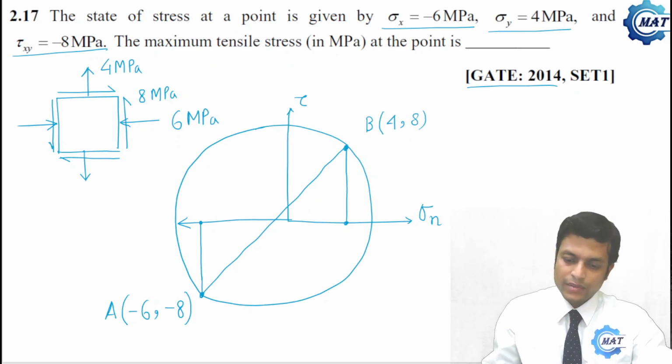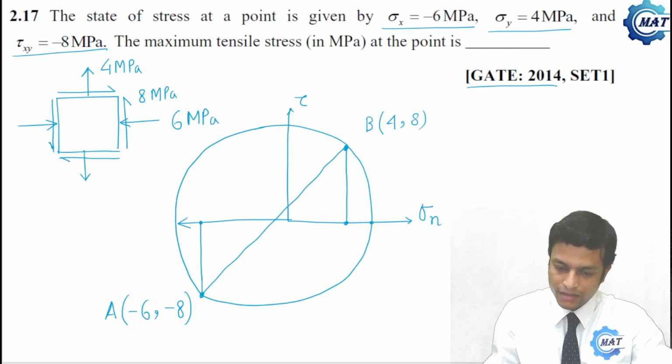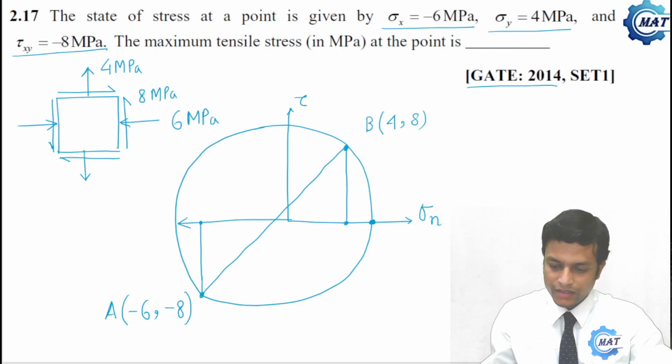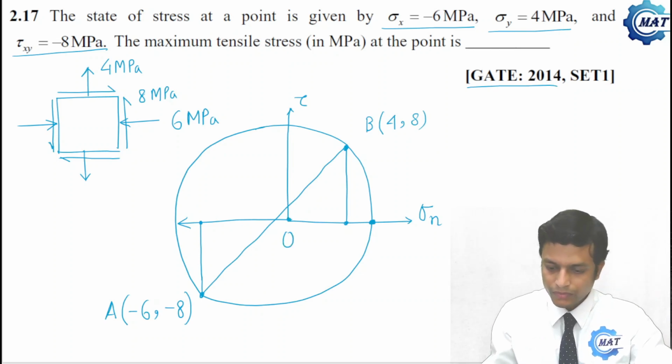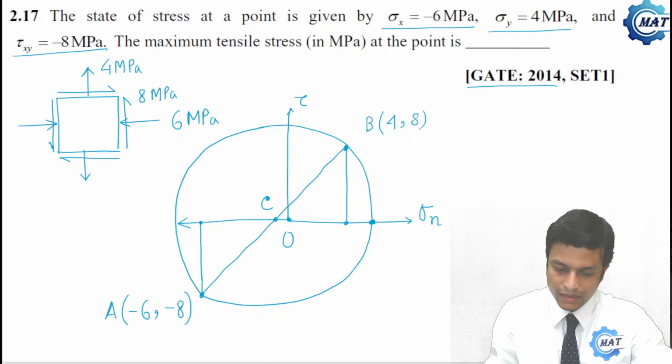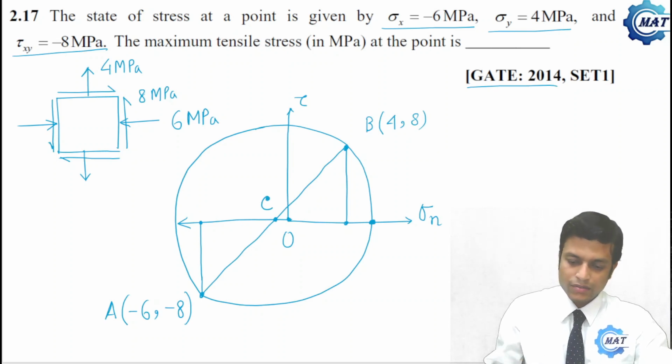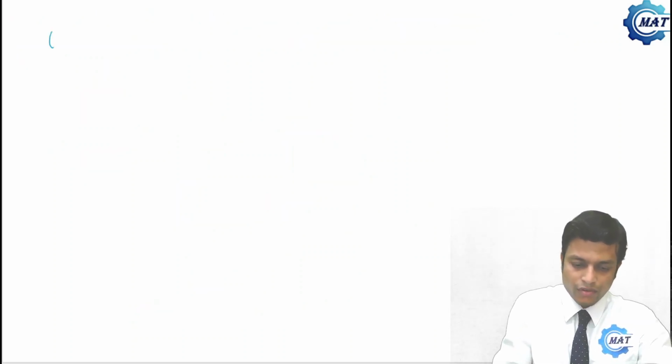Now what is maximum tensile stress? This is the value of maximum tensile stress. What will be the value? Say this is O, and this is the center C. Now let us write down the formula.